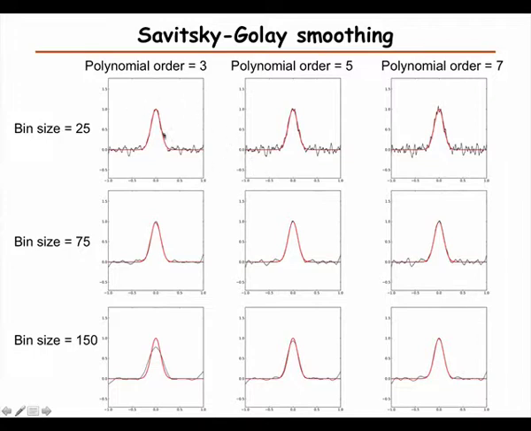If the bin size is small, we still keep some of the noise, and if we go up in bin size and keep the polynomial order low, then we get a widening of the peak.